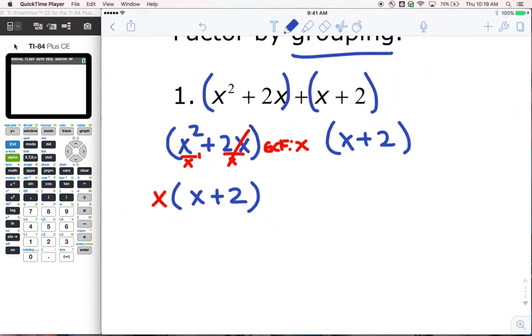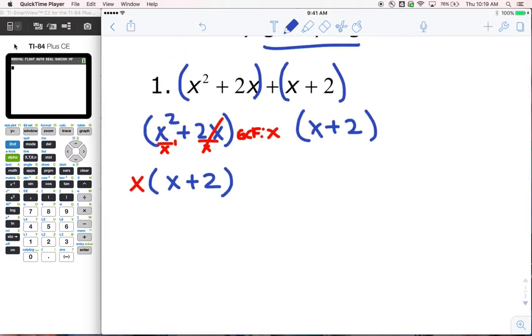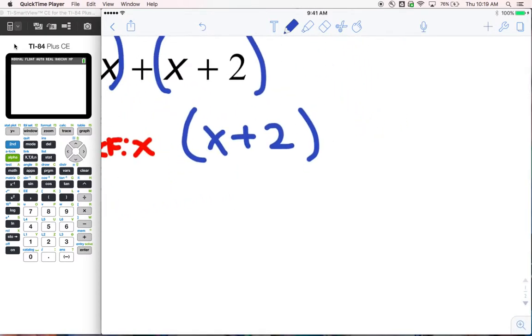All right, let's take a look at our next set. We've got x plus 2 over here. So what is my GCF for x plus 2? Well, I don't have x's in both, so I can't use x. And I've got a 1 for my coefficient and 1, you're done. So literally all I have is a 1. There's no other greatest common factor because 2 only has 2 and 1 also.